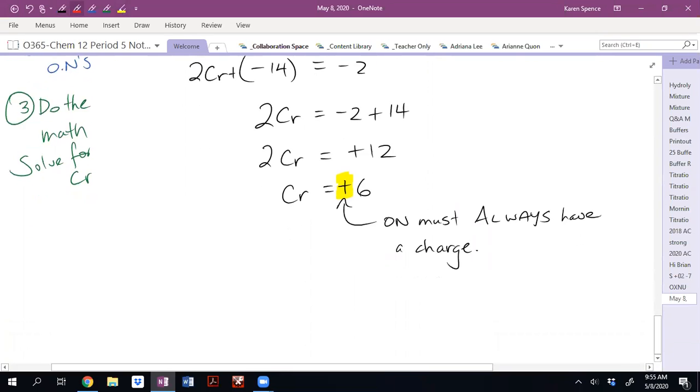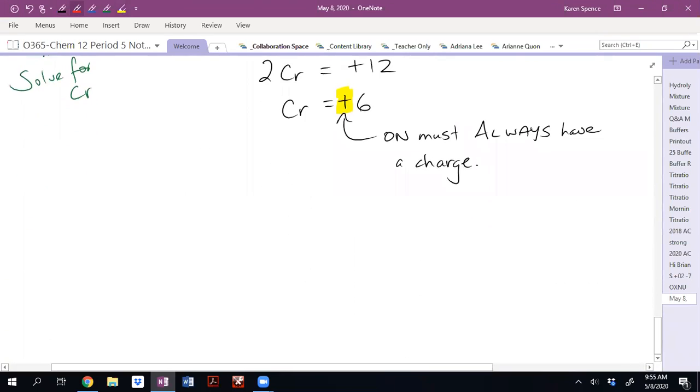Okay, so let's try another one here. I'm going to give you a weird one. This is going to be fun. We want to find the oxidation number for carbon in C3H2O2.